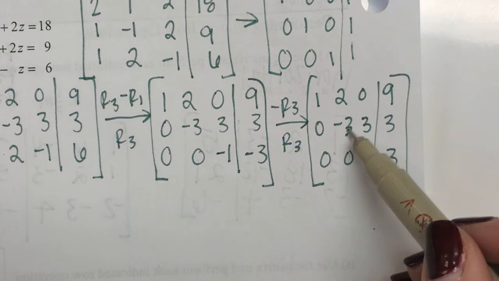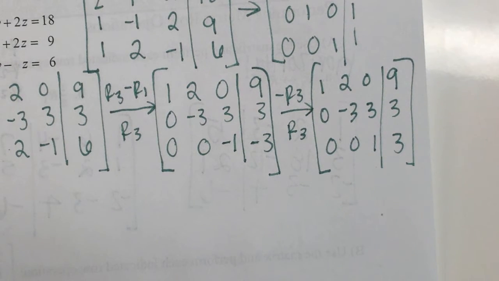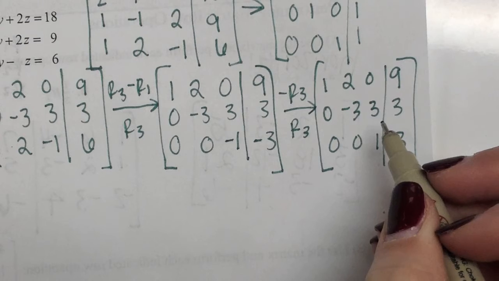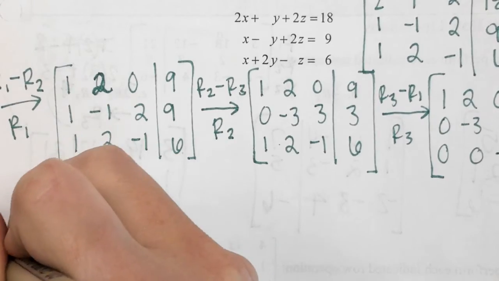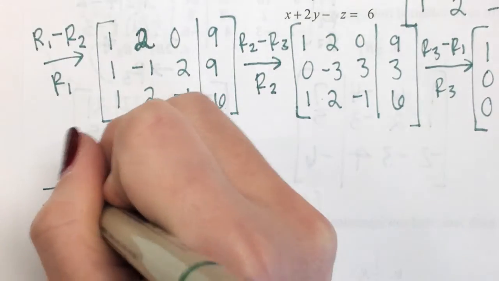Alright, we're trying to make this be a 1. Tell me some different ways we could do that. Yes, we could divide everything in here by negative 3. Wouldn't that change that to a 1 in the middle? Let's do that. So we're changing row 2, dividing it by, what'd you say? Negative 3. Yes, very good.